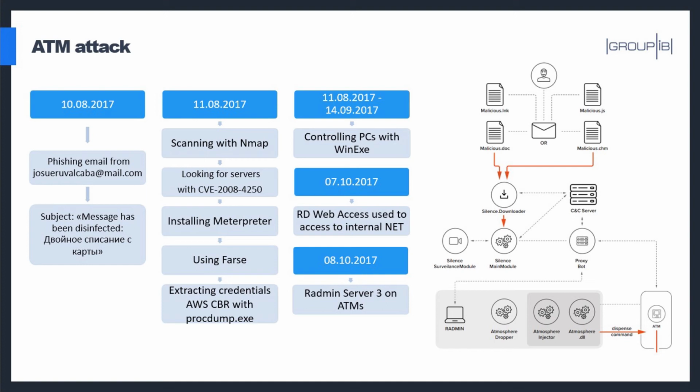The following day, on August 11th, traces of scanning the corporate network of the bank with Nmap were detected. As a result of the scan, servers which were vulnerable to CVE-2008-4250 were identified, and then Meterpreter was installed on them.